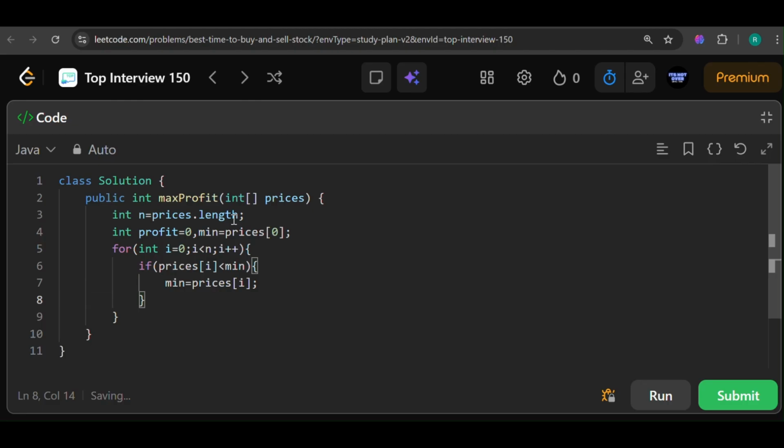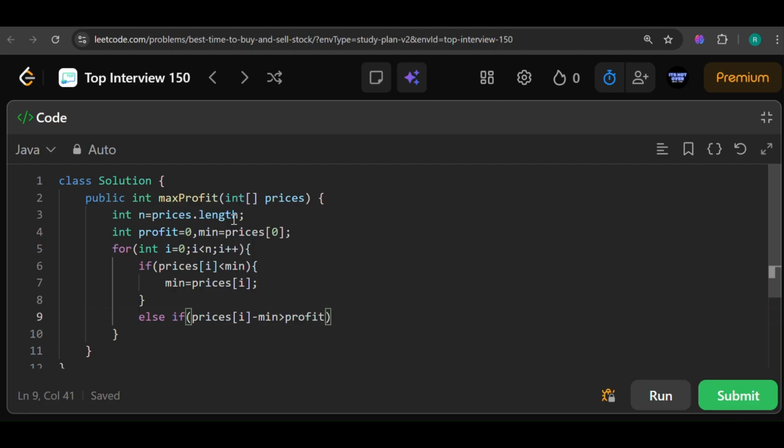And if I find that prices of I is not lesser than the minimum, then prices of I will be greater than minimum. So in the second condition, I make prices of I minus minimum value, and whatever that is, if it is greater than my profit value.